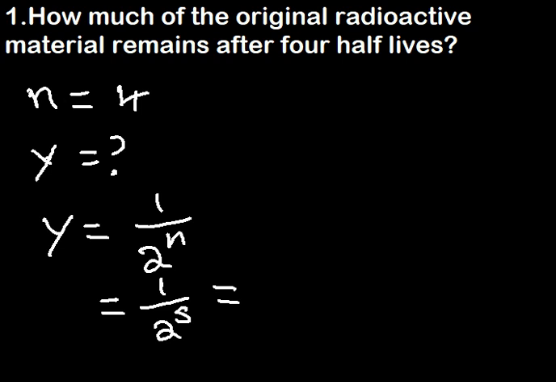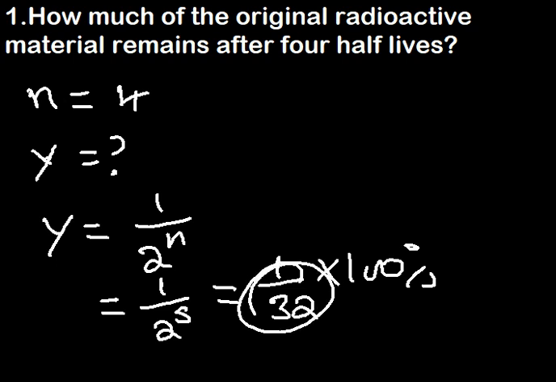We have it as 16, so 1 over 16. That is the fraction that remains after 4 half-lives. Of course, in terms of percentage, we can multiply by 100%. That could be the way to go, but this is how you should understand that one.